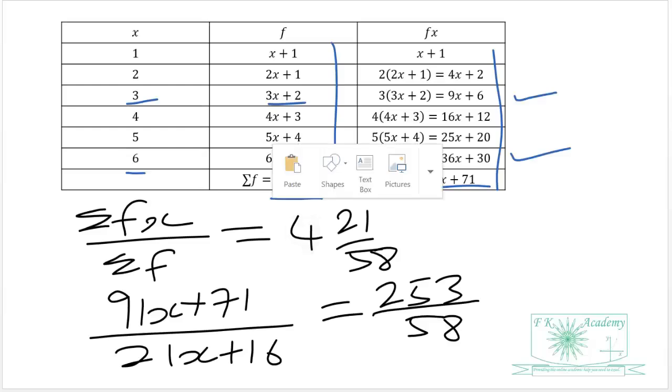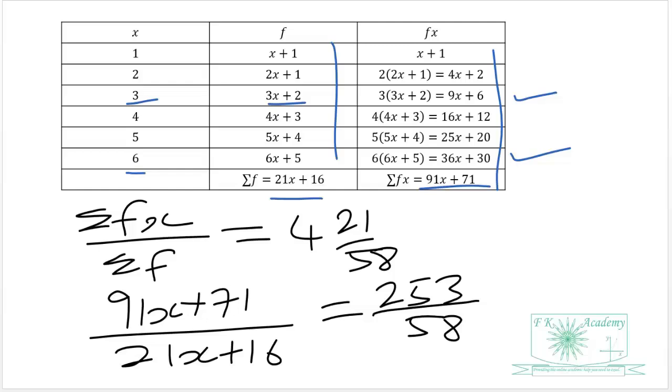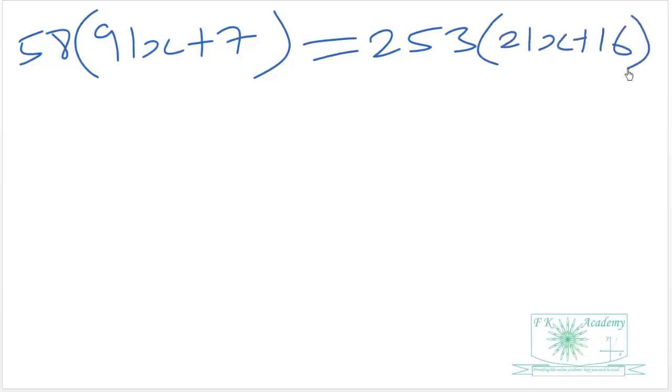So let's cross multiply. We have 91x plus 71 times 58, and that will be equal to 253 times 21x plus 16. So we expand.